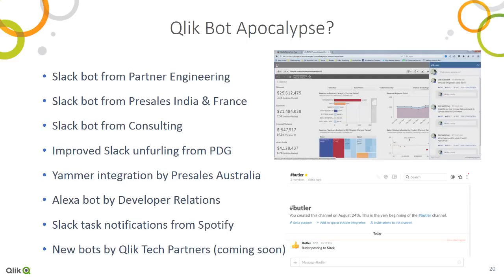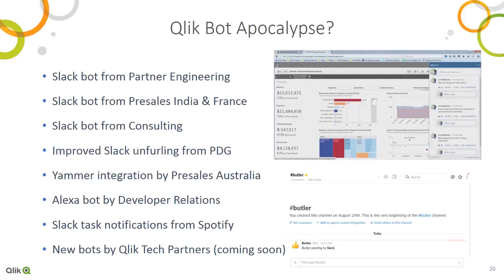We think that we're one of the most ideal platforms for analytics to be able to leverage conversational analytics. Because we have all of our rich APIs, because our engine is so powerful, we think there's a good opportunity for customers here. In fact, we've already heard about many millions of dollars of opportunities from customers asking for a Qlik bot.